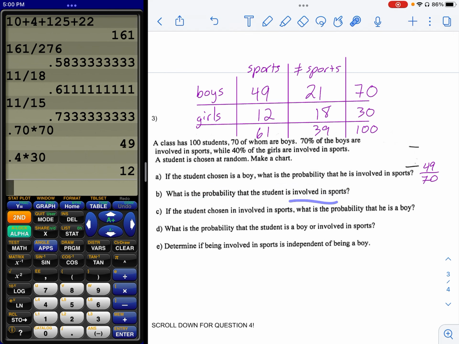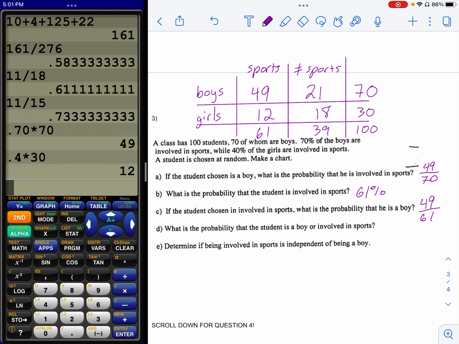What's the probability they're in sports? 61 out of 100 or 61%. C, here's the if, the condition. If the kid's in sports, that's this group. So there are 61 kids to choose from. What's the probability that he's a boy? So 49 out of 61.